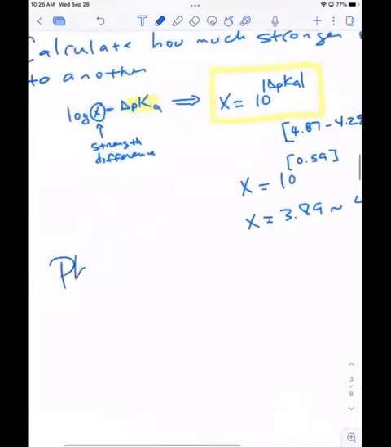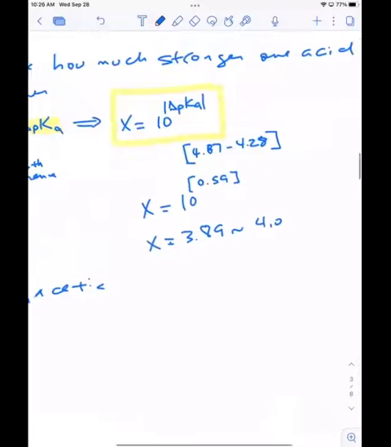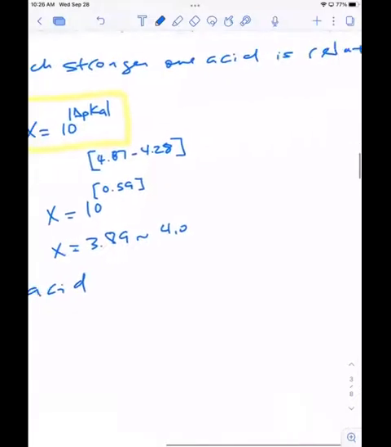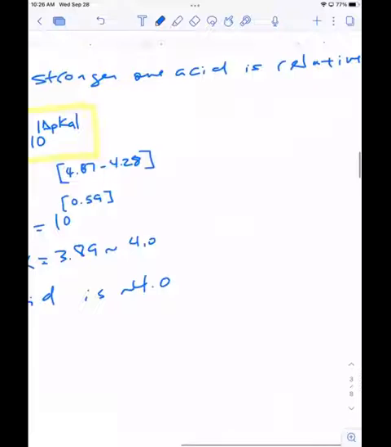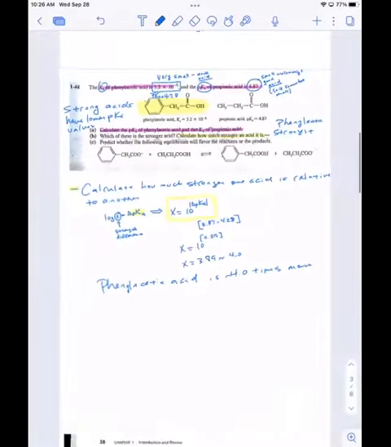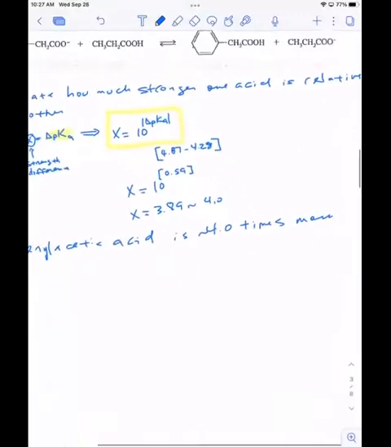Phenylacetic acid, and that matters for this second part. I'm going to use this information to explain the equilibrium part, and hopefully it'll make more sense.